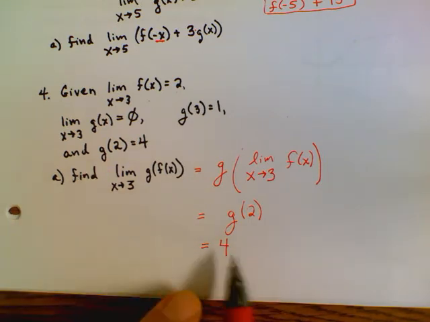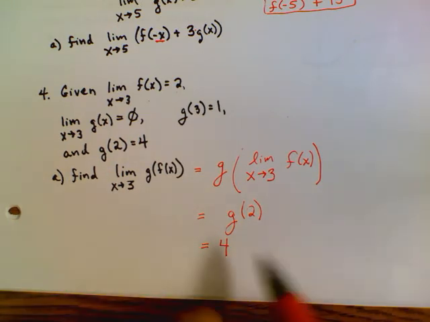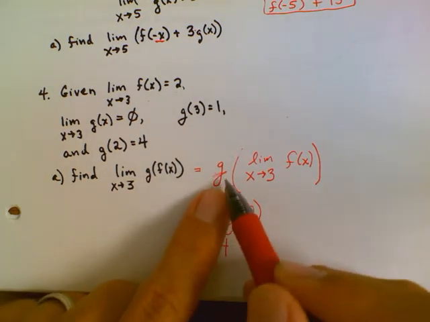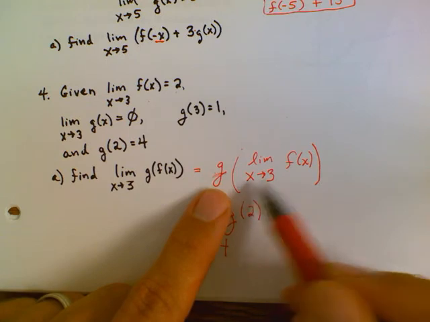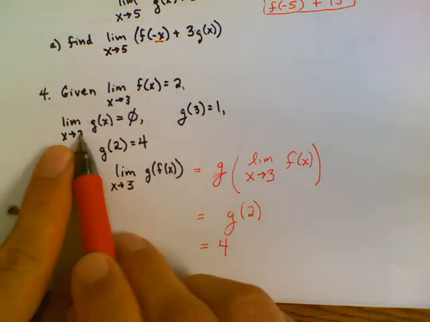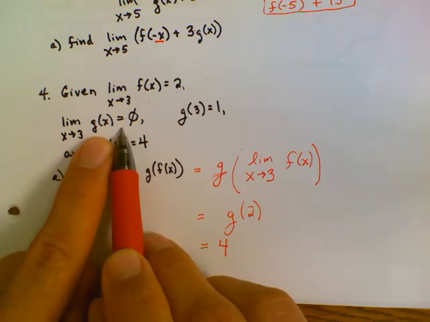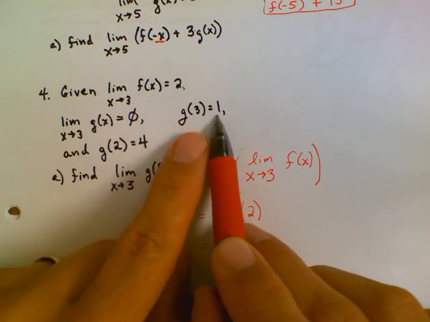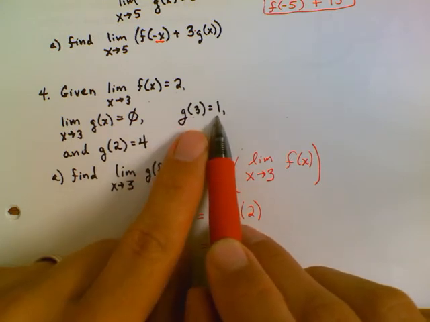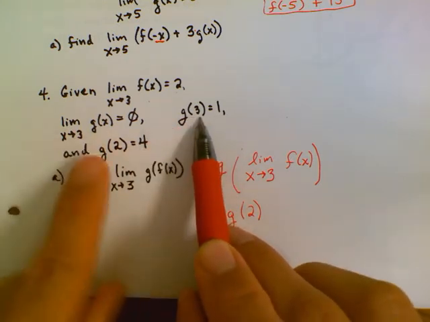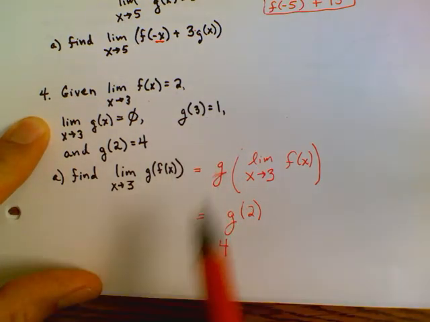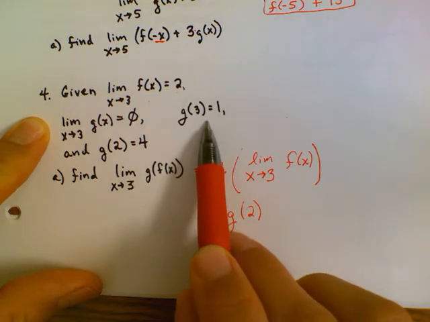All right, so the one thing that I'm hesitant about is I'm wondering if g was continuous. Is g continuous at the point 3? It says that the limit doesn't exist, but it says that g of 3 is 1. So with that information, is that enough information to determine that g is continuous?